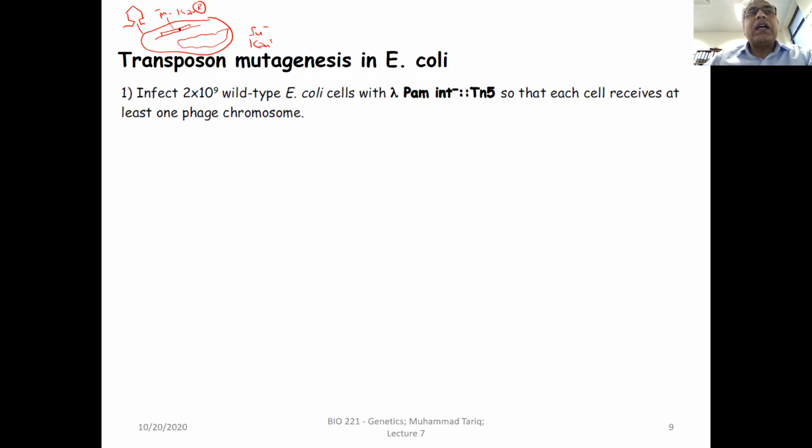Due to lack of amber suppressor, as well as int being int minus, which means the phage DNA lacks the ability to integrate into the genome, the only possibility to make this bacteria kanamycin resistant is that this kanamycin gene, because it is a transposon, jumps from the phage genome to the host genome, and the bacterial genome now carries Tn5.